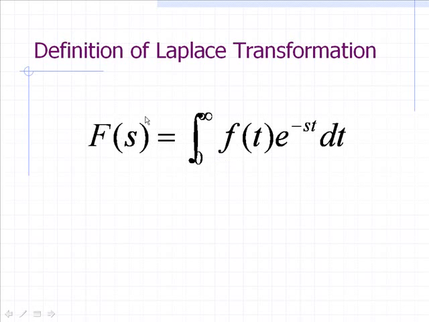Here it's a function of time, and here it's a function of this s variable, which describes a variable in the complex plane. We'll describe that further. So it's an integral from 0 to infinity of f of t multiplied by e to the minus st, dt. That's the time domain description, and this is the s domain or frequency domain description.